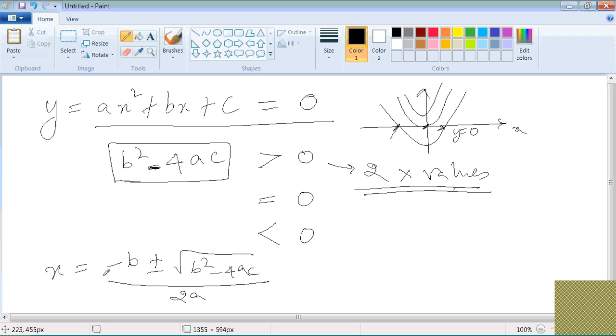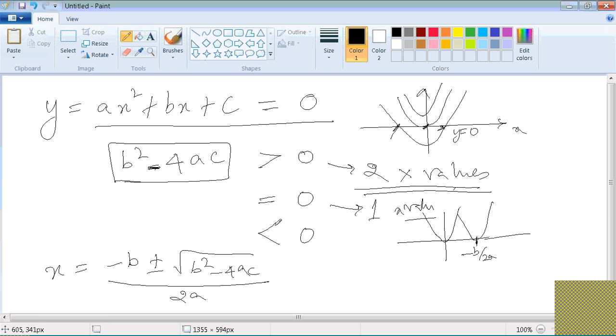So you get 1 point, minus b by 2a, a single value for x. Now what this tells you is, it could be like this. The curve could be like this. So this value is minus b by 2a. Right? And if b is 0, then your curve is like this. Right? Now that's what has 1 x value, given by minus b by 2a.